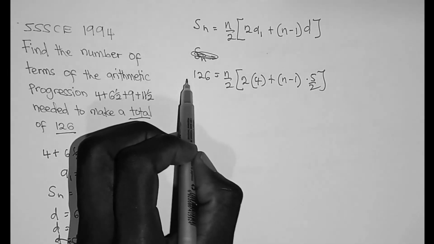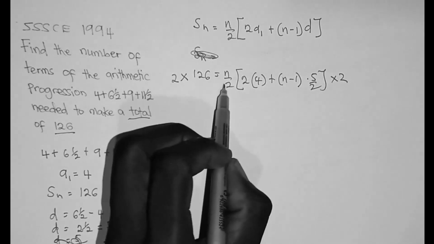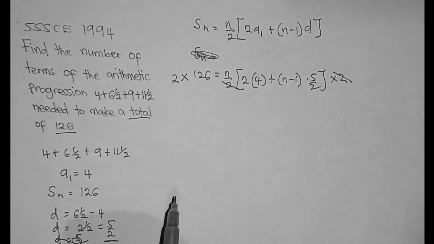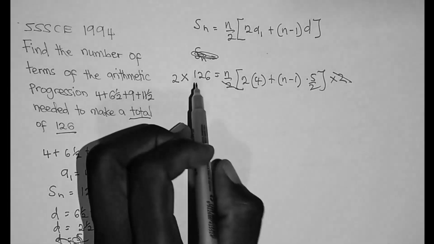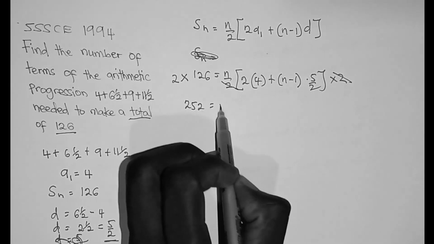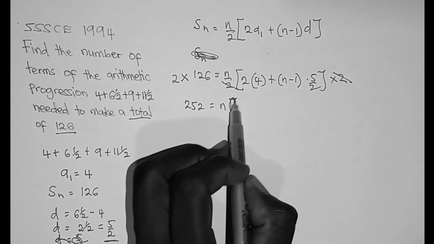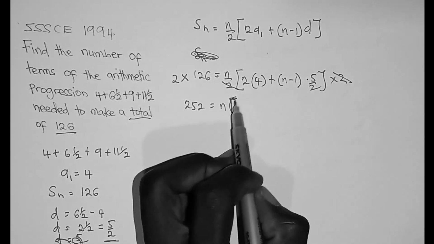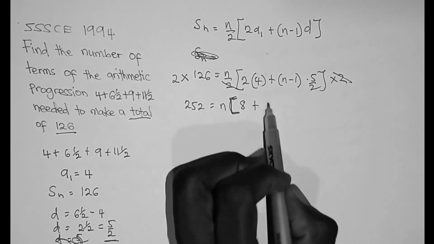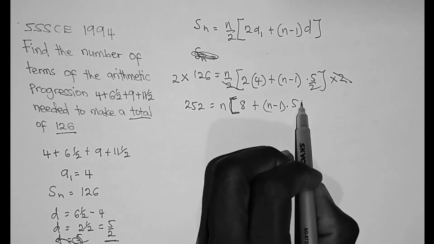So let's multiply through by 2. So this side by 2 and this side by 2, so that this 2 and this 2 can cancel. 2 times 126 is 252 equals n times, so let me use curly brackets, 2 times 4 is 8 plus n minus 1 times 5 divided by 2.